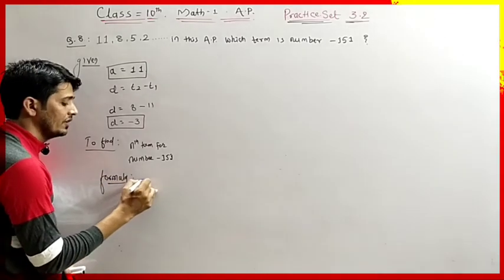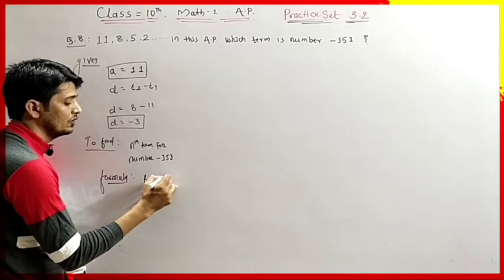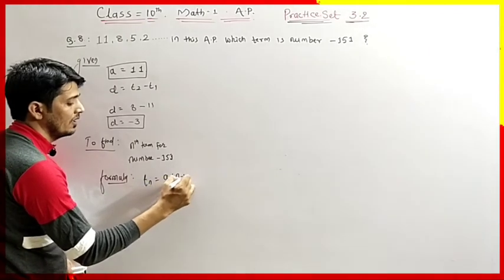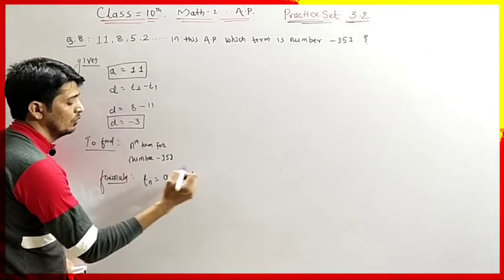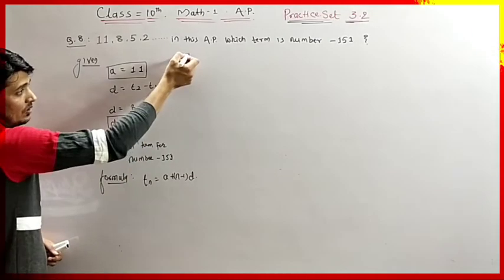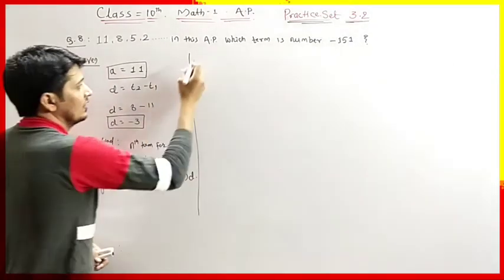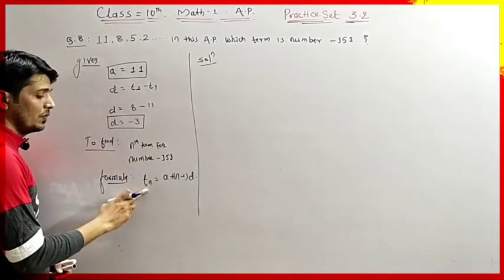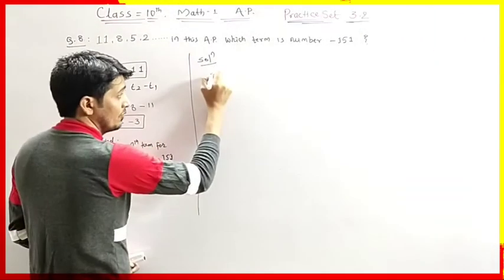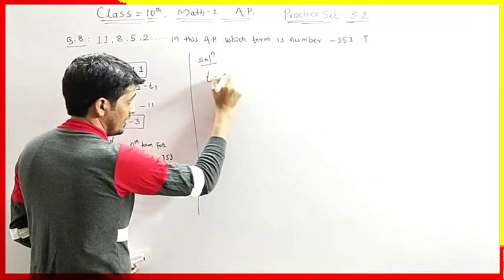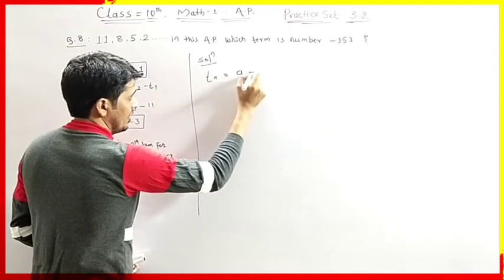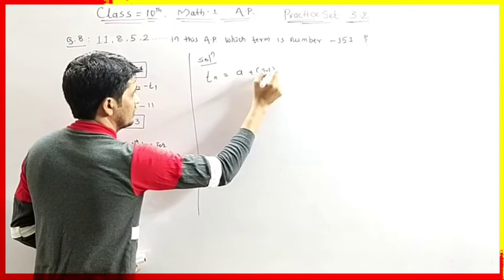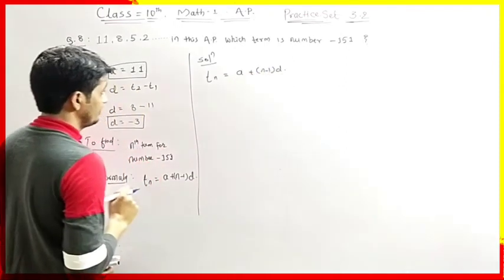It is Tn equals a plus n minus 1 into d. Okay, so now we are going to solve. So solution. We have to apply the formula, so we have to write the formula first. It is Tn equals a plus n minus 1 into d.